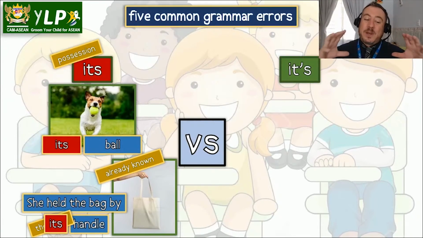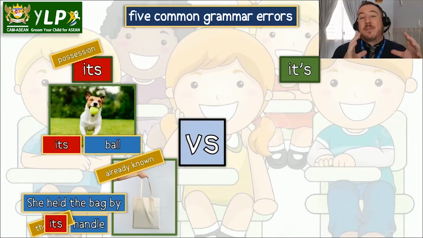If we're talking in the same sentence, we say the bag at the beginning so that people know that every time we say it after, we're talking about the bag. She held the bag by its handle. It was brown. It was big. It was expensive. Every time I'm saying it, I'm talking about the bag.